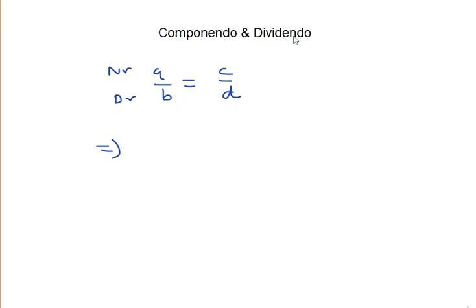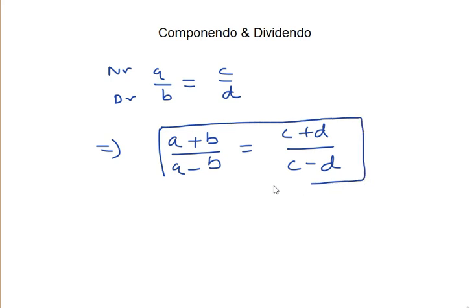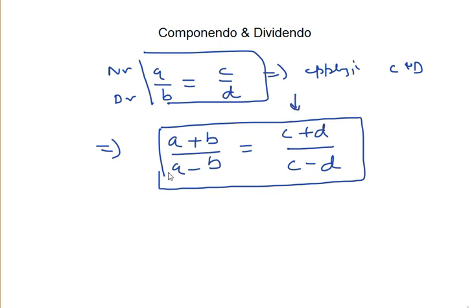After applying componendo dividendo, the term will be numerator plus denominator upon numerator minus denominator is equal to, same here, C plus D upon C minus D, and this is called componendo and dividendo. If we apply componendo and dividendo in this ratio, the result will be A plus B upon A minus B is equal to C plus D upon C minus D.